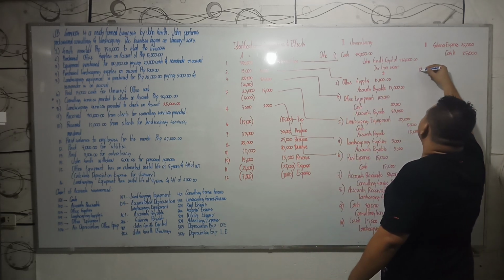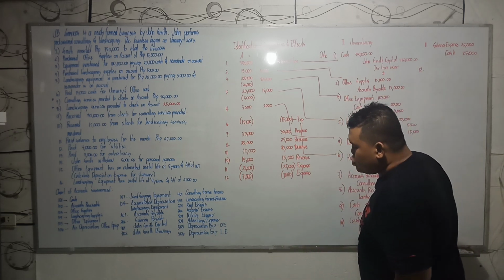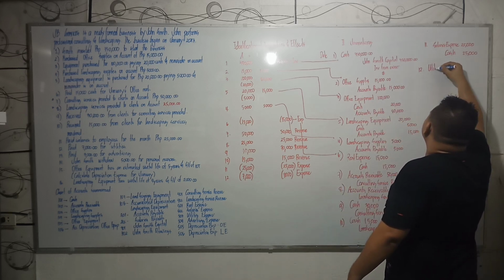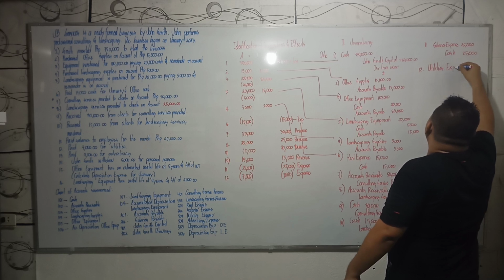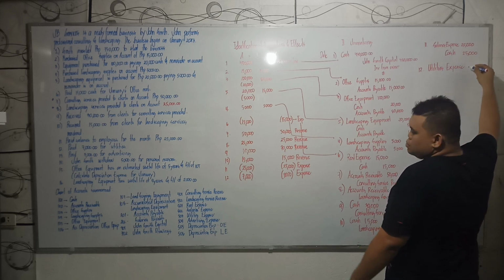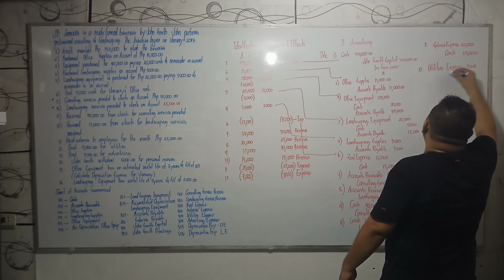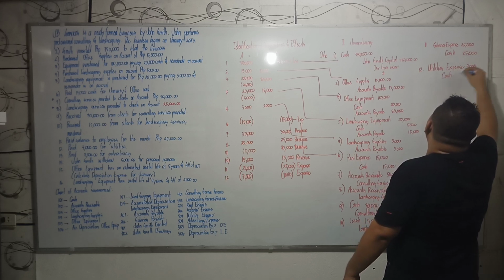We have debit utilities expense. It's on the chart of accounts. How much? That's 7,000. And then credit cash, 7,000.